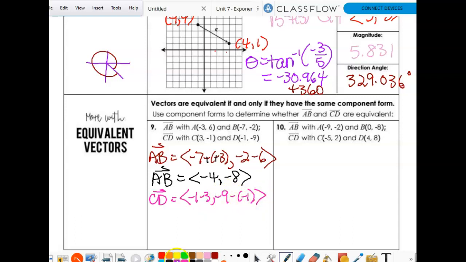And the minus becomes positive. So I end up with <-4, -8>. These are equivalent if these match. Negative 4, negative 8, they match. So AB is equal to CD.